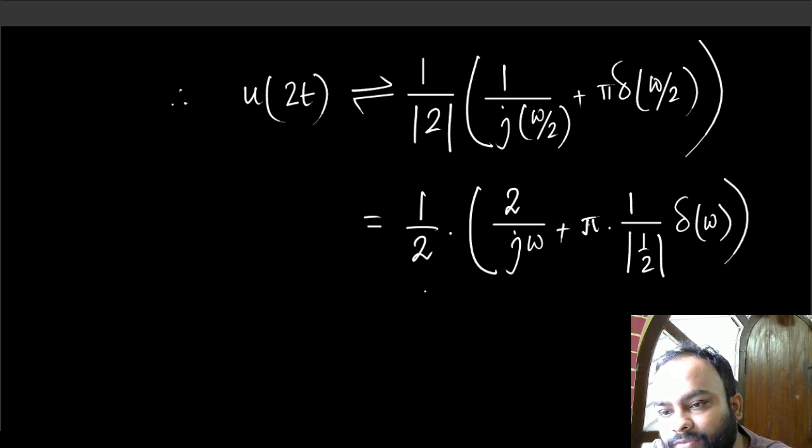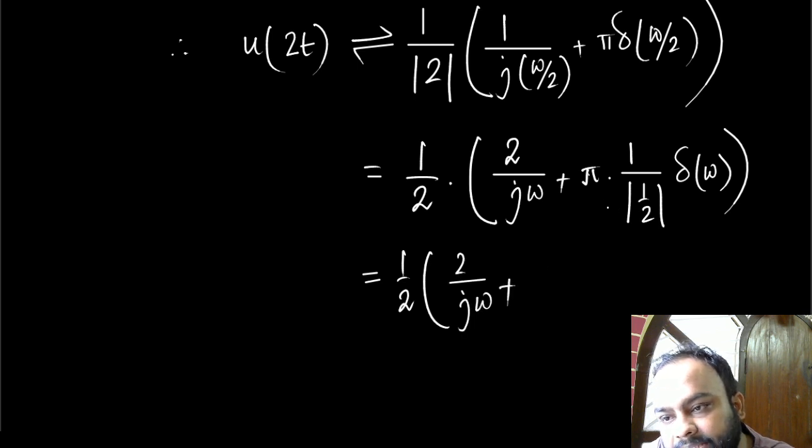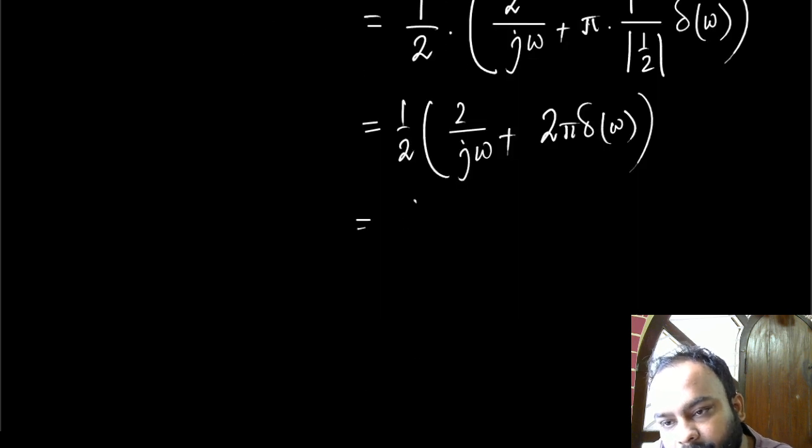That's from the property of unit impulse. So I have half 2 by j omega plus, of course, this becomes pi, so 2 pi delta omega. So what do I have? 1 by j omega plus pi delta omega.